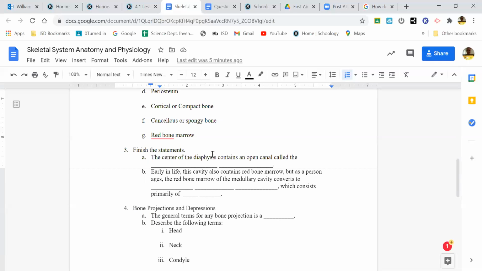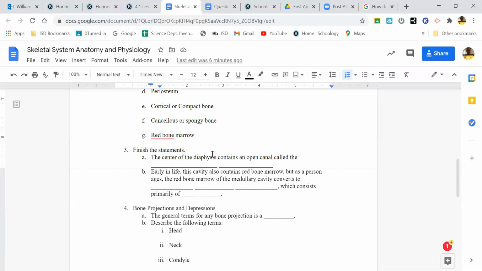The center of the diaphysis contains an open canal called the medullary cavity. Medullary is M-E-D-U-L-L-A-R-Y, cavity. Medullary cavity.